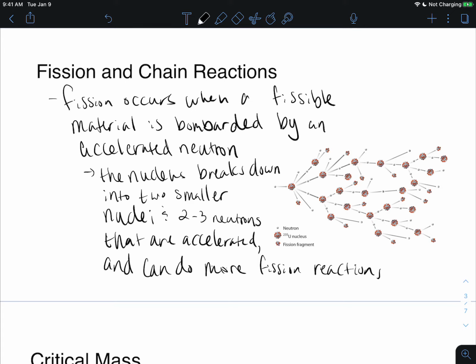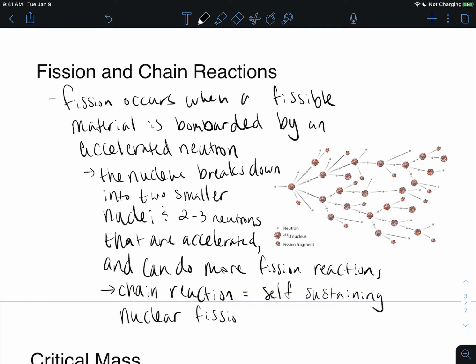Okay? This continuous generation of neutrons and subsequent fission reactions is called a chain reaction. So a chain reaction is a self-sustaining nuclear fission reaction. And we can see a picture of it over here on the right.